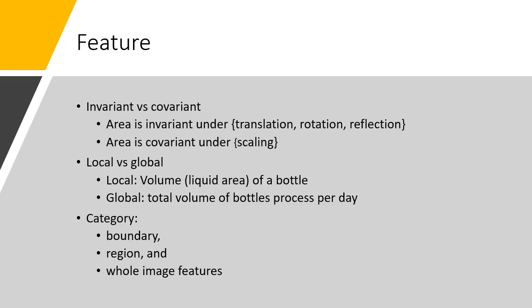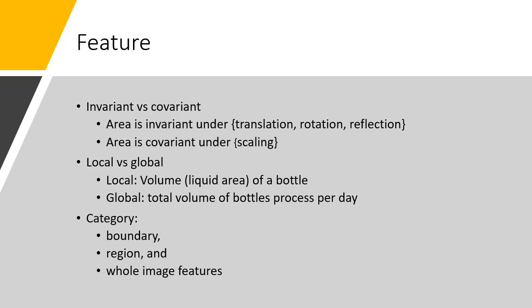Now, we want some characteristics on the features that we extract from the image. For example, we want a feature which is invariant under some geometric transformation. Area, as an example, is invariant under translation, rotation, and reflection, whereas area is covariant under scaling.